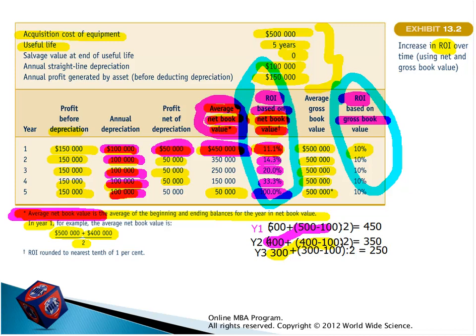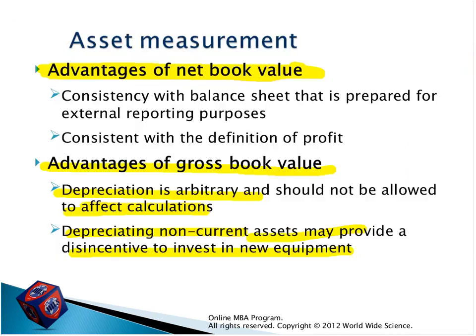And the advantages and disadvantages were given to you in the previous slides. Here are the advantages. What is the advantage of net book value? It will be consistent with the balance sheet, you see, and more consistent with the definition of the profit itself. But what about the gross book value? Here is the advantage of gross book value.